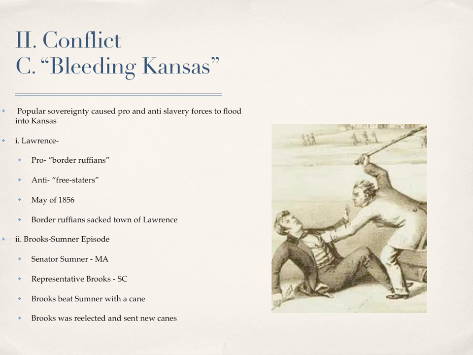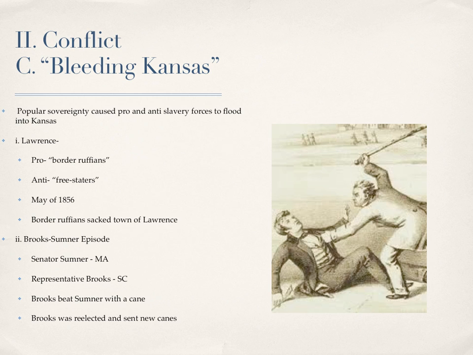Then we have the Brooks-Sumner episode, which is one of the more interesting episodes in history. We have a senator from Massachusetts, Sumner, and a representative, Brooks, from South Carolina. There are some comments that are made between Sumner and somebody else, not even Brooks.